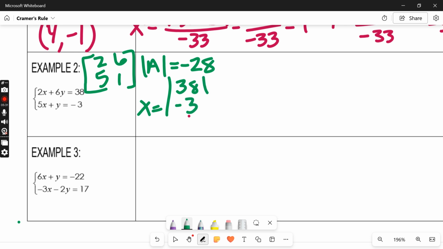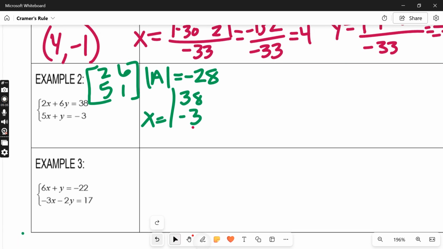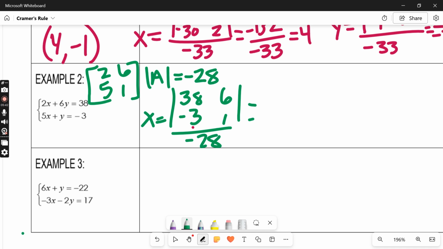I'm going to leave those y coefficients the way they are, 6 and 1. So when I find that determinant, 38 times 1 minus negative 3 times 6, I get 56 divided by negative 28, which is negative 2.